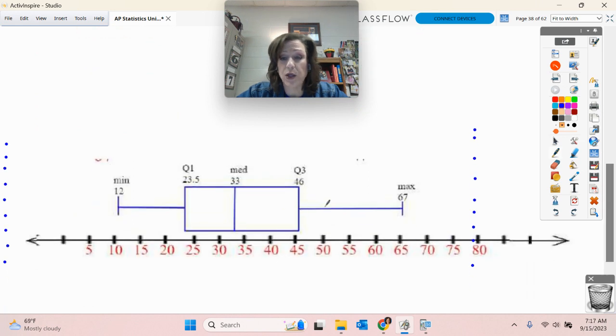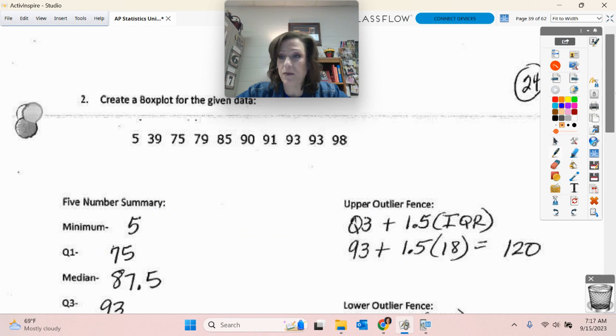Then you're going to go ahead and put your whisker to the max and your whisker to the min. Done. Making sure you've done your label, label, label. This one was already in order. Interesting. So of course our min is 5, max 98.